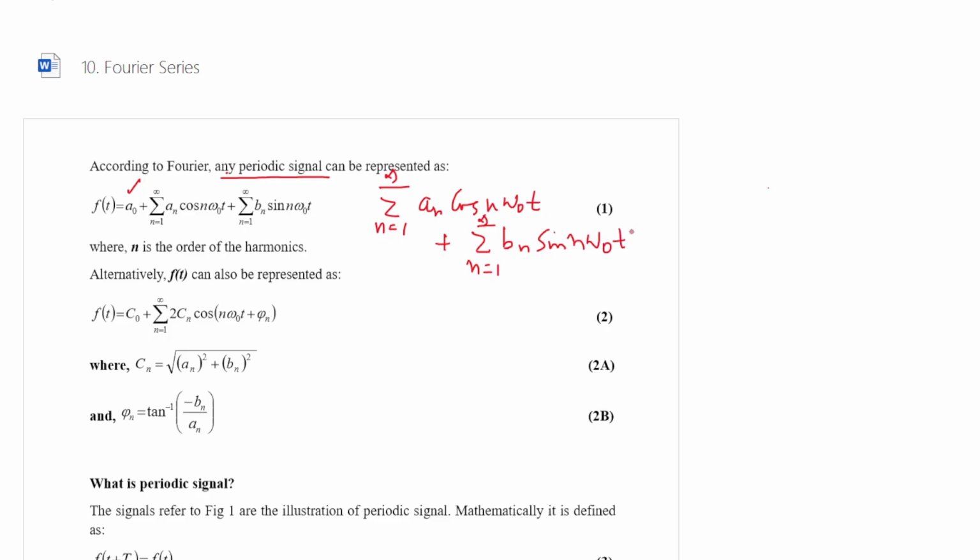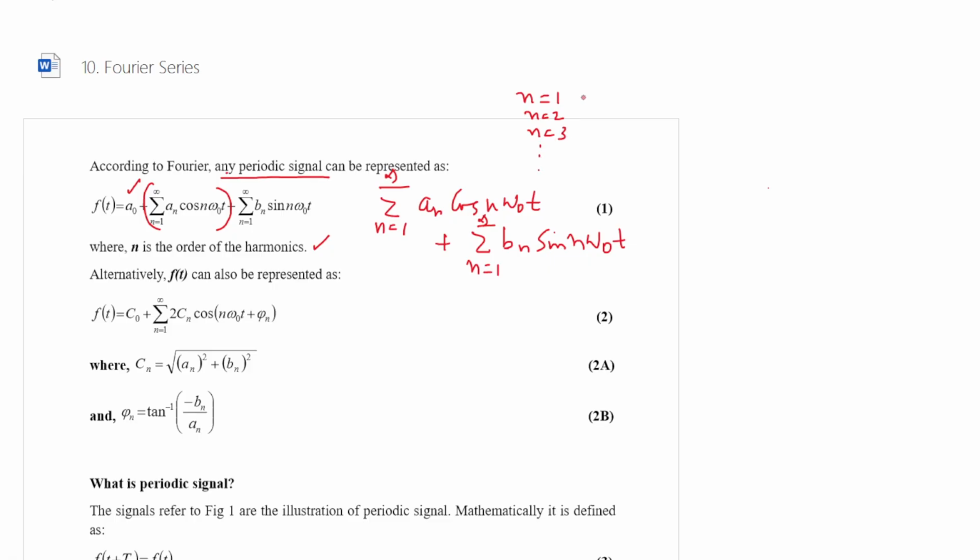This n is called the order of harmonics. Within the cosine term, n is equal to 1, n is equal to 2, n is equal to 3 and so on.